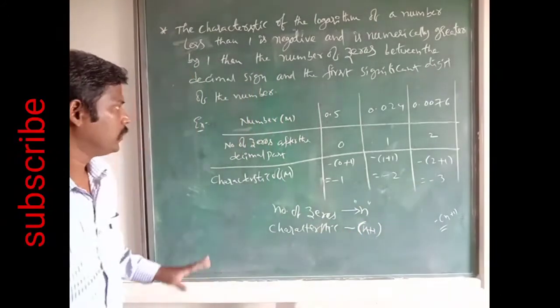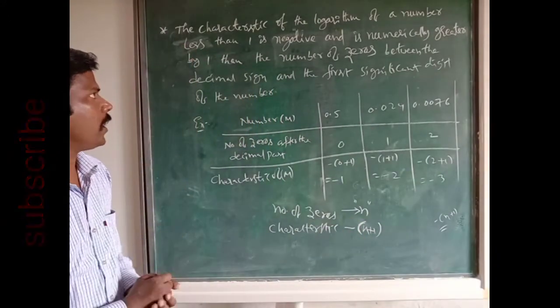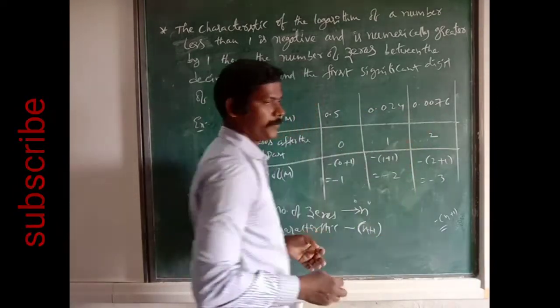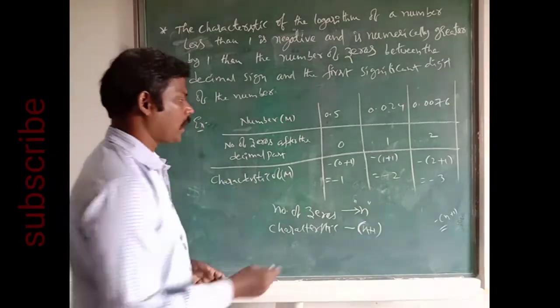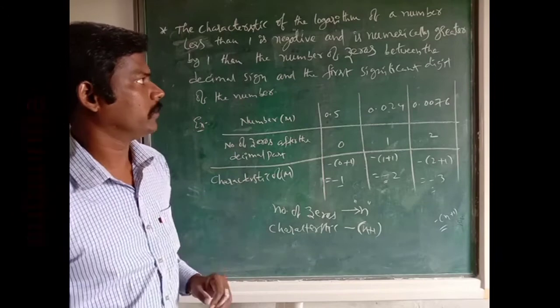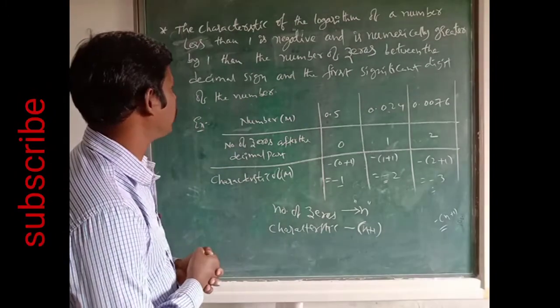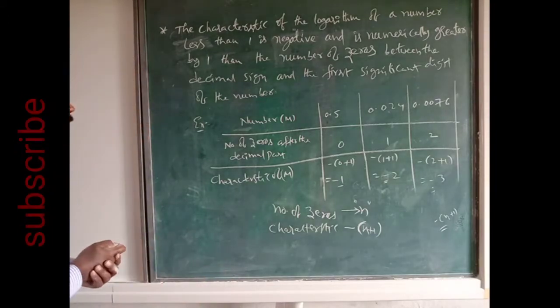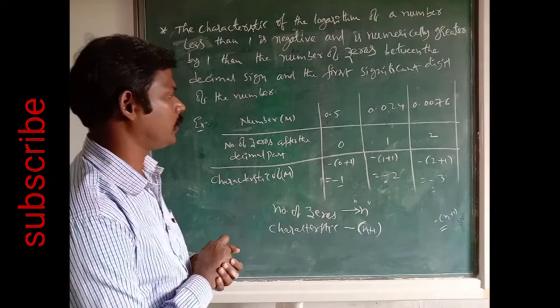Okay students, the characteristic of a logarithm of a number less than 1, that means decimal numbers less than 1, is what? Negative. It is negative and is numerically greater by 1 than the number of zeros between the decimal sign and the first significant digit of the number.